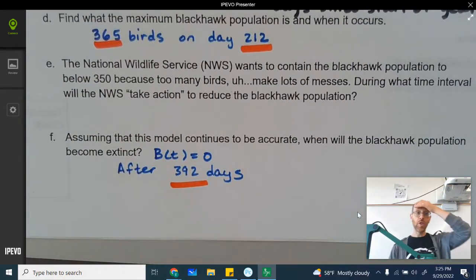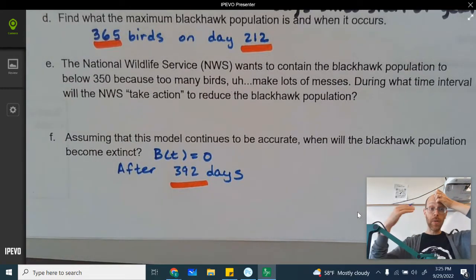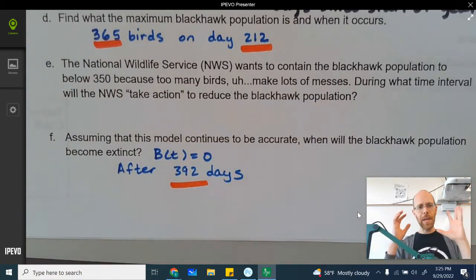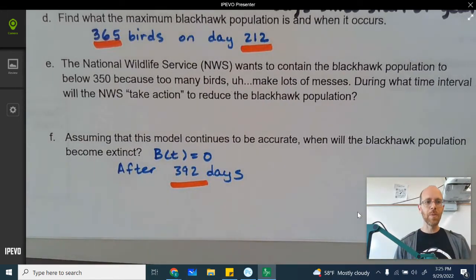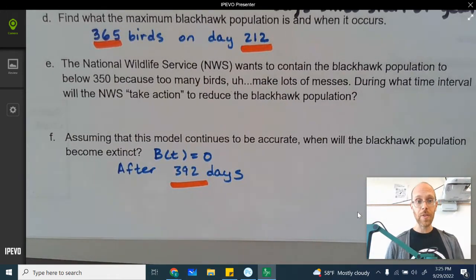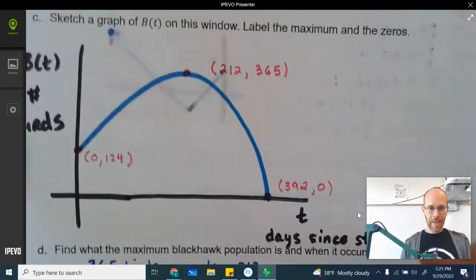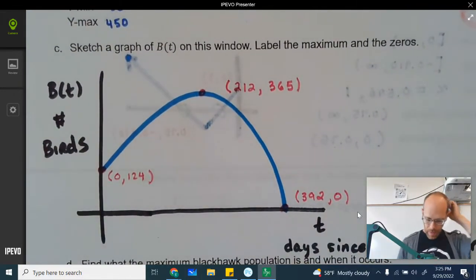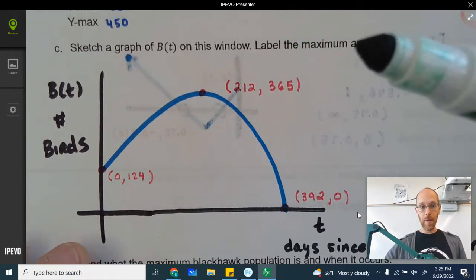E says the National Wildlife Service wants to contain the Black Hawk population to below 350 because too many birds make lots of messes. During what time interval will the National Wildlife Service take action to reduce the Black Hawk population? So what we need to do for this problem is come back to the graph, and it says that they are going to take action whenever the bird population is bigger than 350.